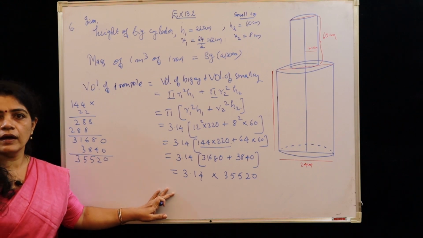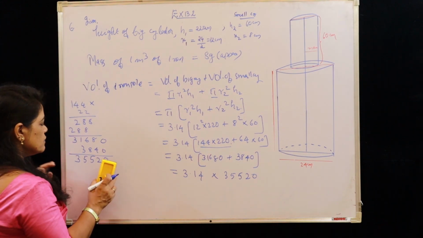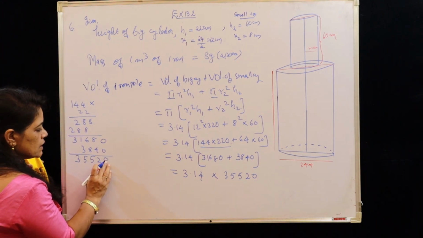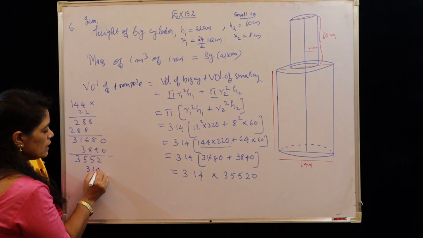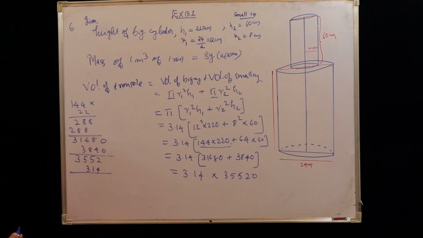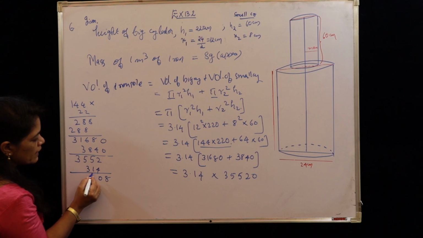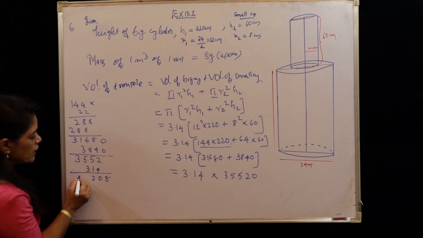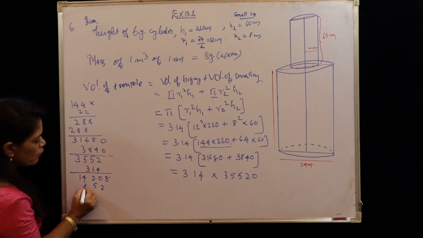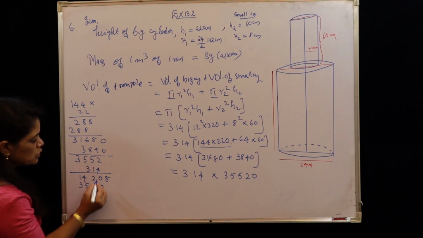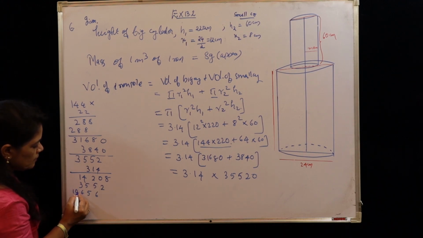Again we have to multiply. We can multiply without the decimal point, then shift the decimal point to the left. 3.14 times 340. Okay, 8, then 20, 2 carries, 22, then 2 carries, 14, 12 plus 2, then 2, 5, 5, 3. 3 2s are 6, 15, 1 carry, 16, 10.